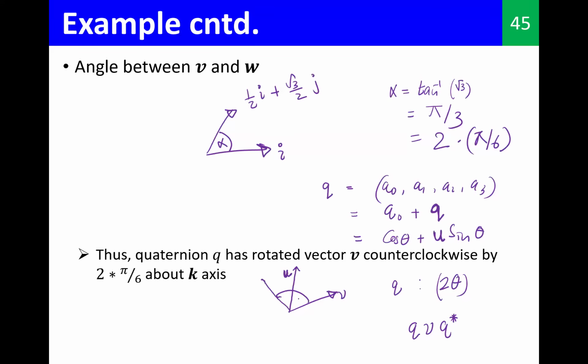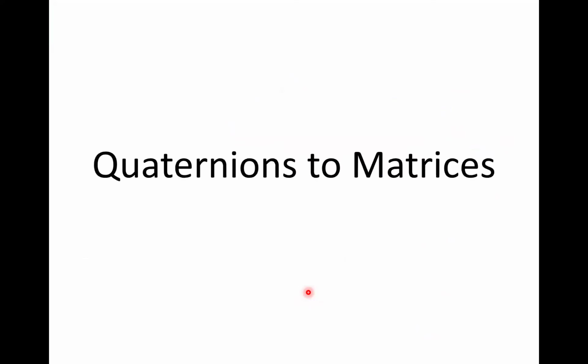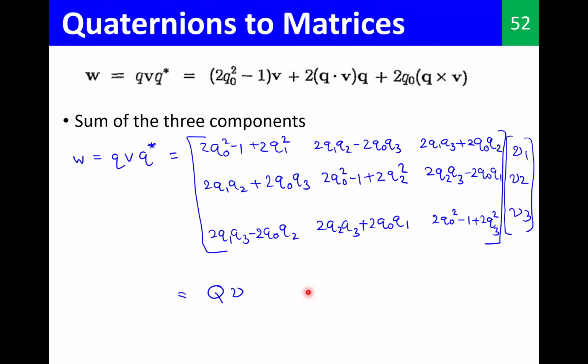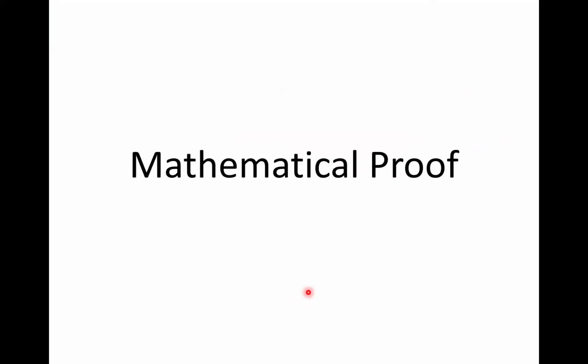So this is like a rotation about this particular axis, twice the amount. But I didn't tell you yet that the rotation is actually happening about this axis, right? I just told you that twice the amount of rotation is happening. Anyway, I'm not going to go into the mathematical proof of that part right now. You can check that later.